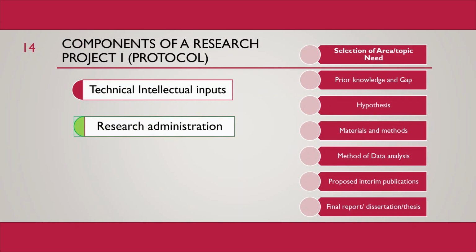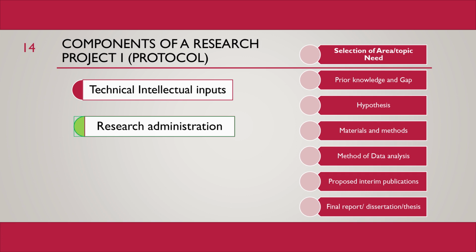Let's see components of the research project. It is also known as protocol. There are two different aspects when you conduct a research, and I feel that students should be well aware about these two aspects. The first aspect, to which any student and any professor is well acquainted, or any research fellow and his mentor is well acquainted, is the technical intellectual input.